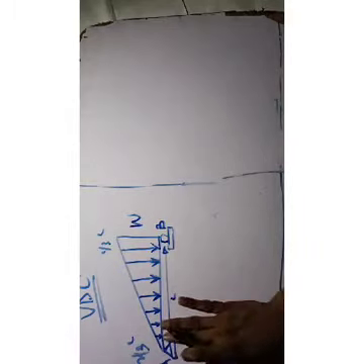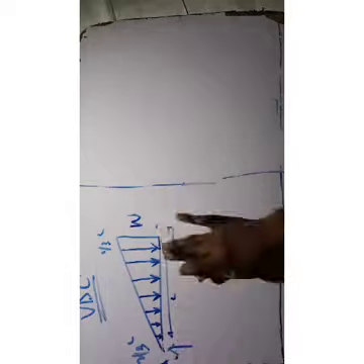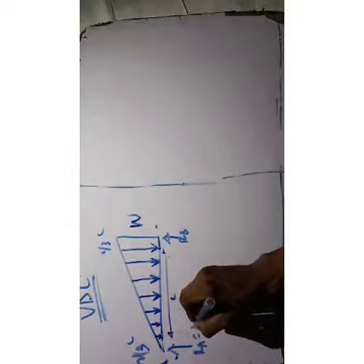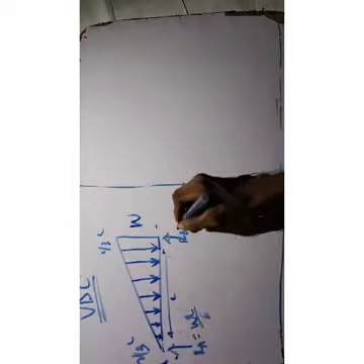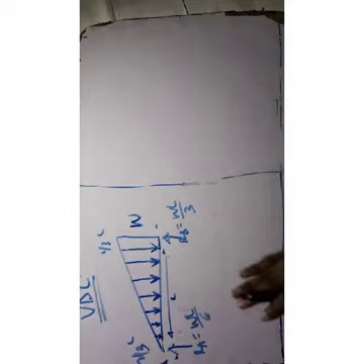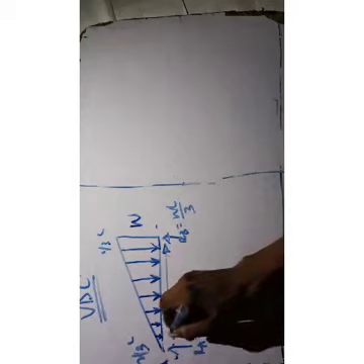You can just redraw it and put the arrows there, with RA as WL over 6 and RB as WL over 3. In this context, what you do next is find the shear force. I would like to go with bending moment first before I talk about the shear force, so you can really get it.